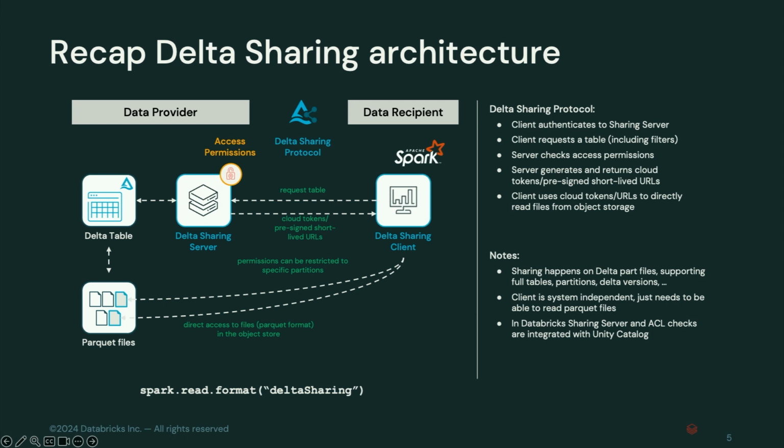If they do, then it gives them back a list of URLs secured with either cloud tokens or pre-signed URLs to the actual data in blob storage so they can go and get it. So on the client side, it uses those URLs to download the data from the blob where that data was stored. So that's the standard Delta Sharing architecture.